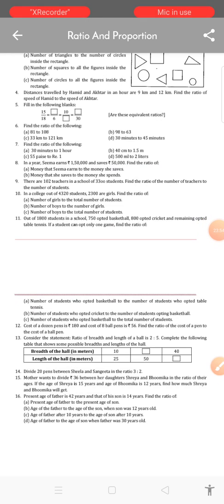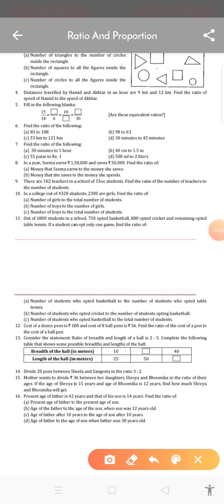Student, question number 16. Here you can see the present age of father is 42 years and the son is 14 years. Find the ratio of the present age of father to the present age of son.